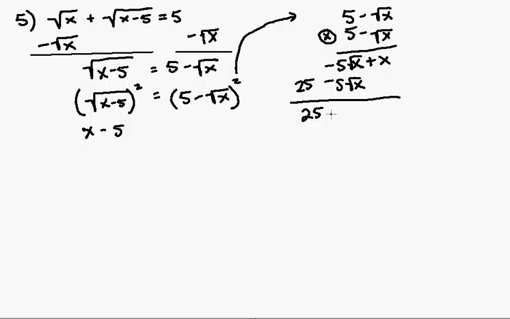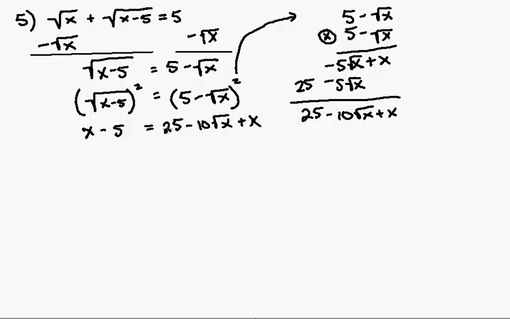So I go 25 minus 10 square root of x plus x. So that is what 5 minus the square root of x quantity squared is equal to. So we'll simply do a replacement here: 25 minus 10 square root of x plus x.